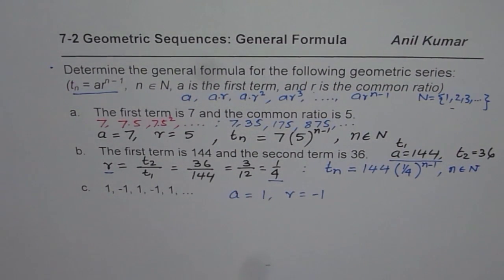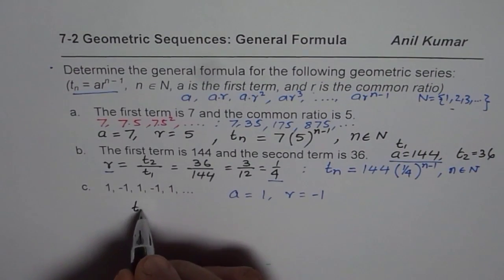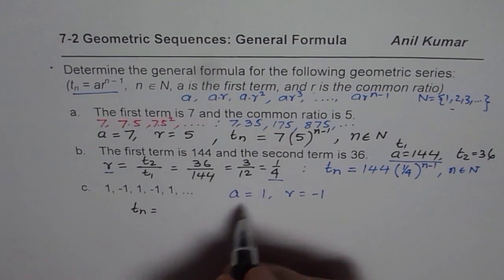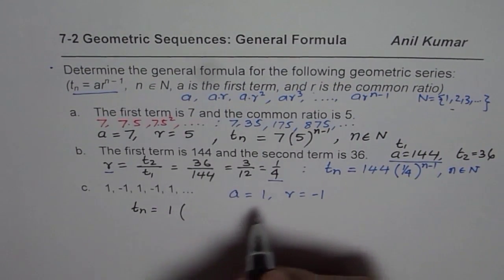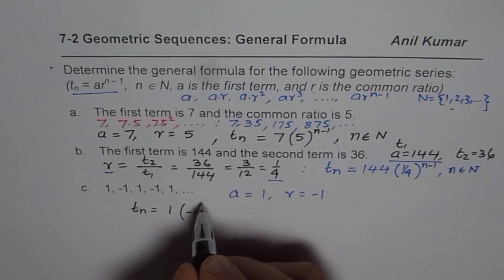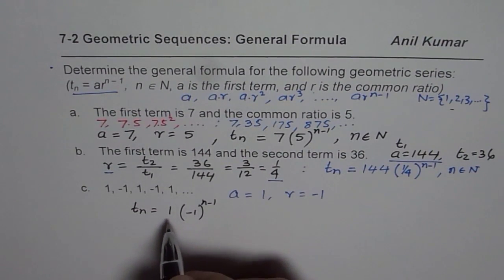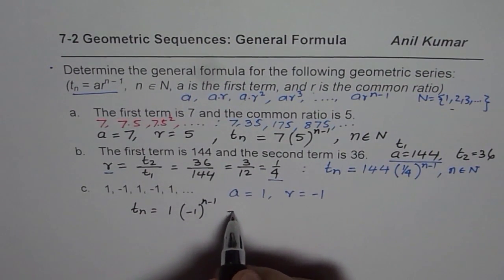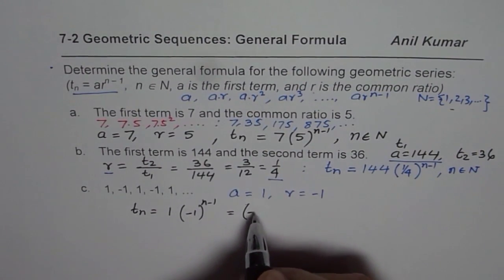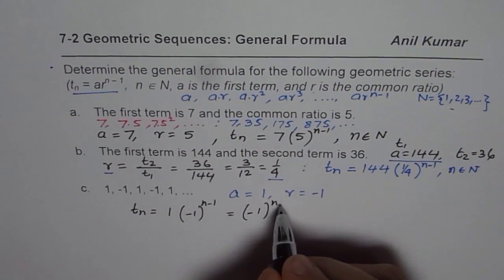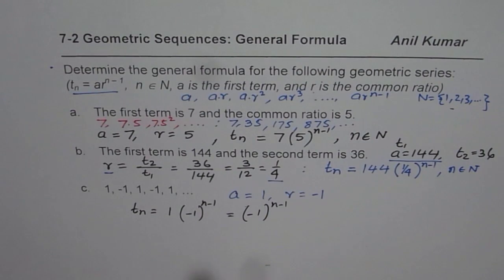That is how this series is generated. The general term can be written as Tn equals the first term 1 times (minus 1) to the power of n minus 1. There is no point writing 1 here, so we can simply write (minus 1) to the power of n minus 1.